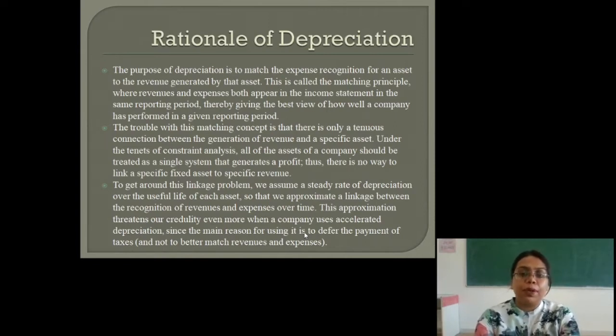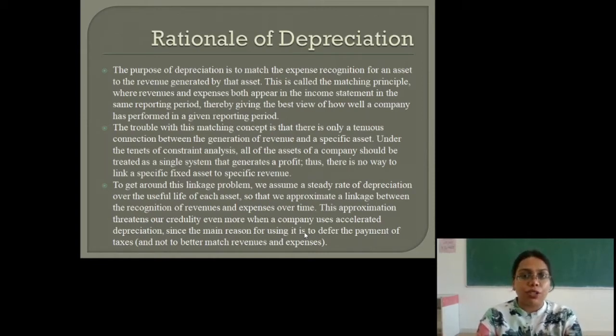So, the main purpose of providing depreciation to any asset is to match the expense recognition for an asset to the revenue generated by that asset. It basically means the main purpose of providing depreciation is to match its expense with the revenue that the asset generates.